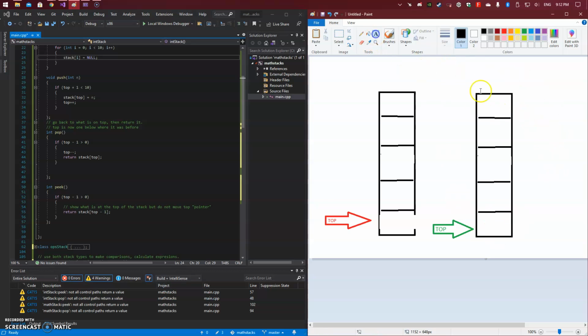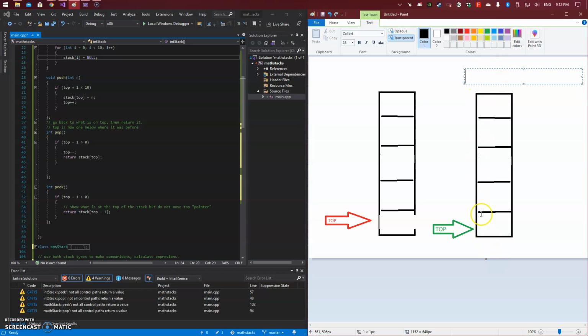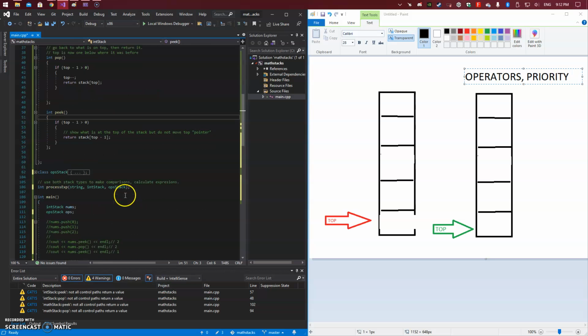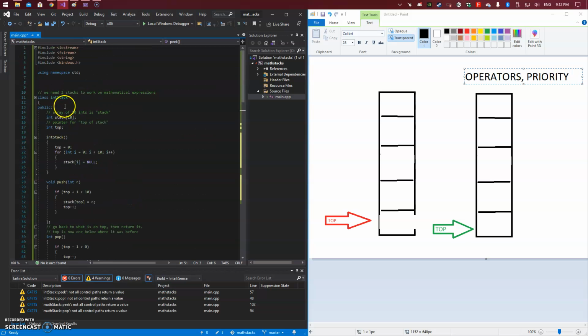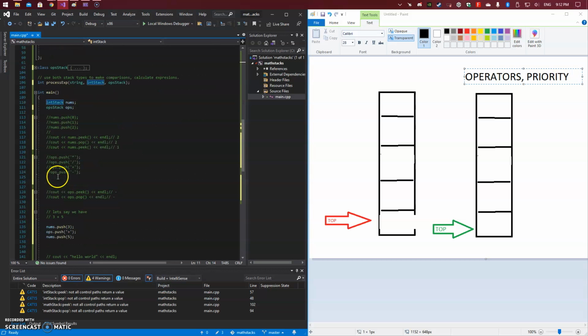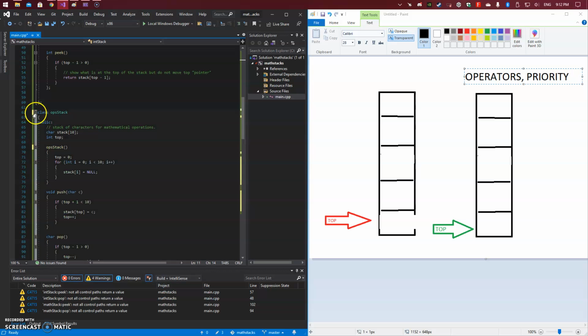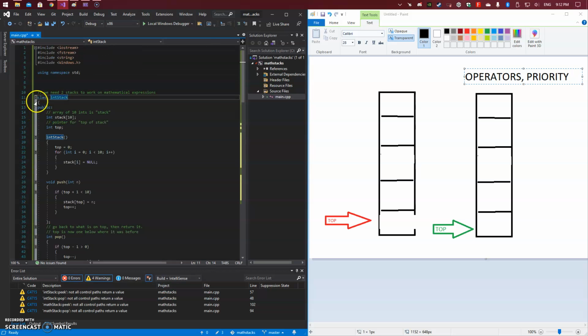So it's good to keep in mind that this stack of operators needs to have some sort of priority implemented. I did start to create code for these stacks. I made one class for a stack of numbers and one class for a stack of expressions that I have here.